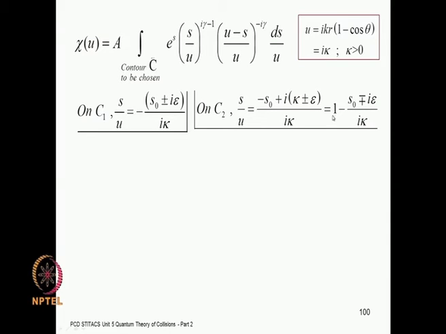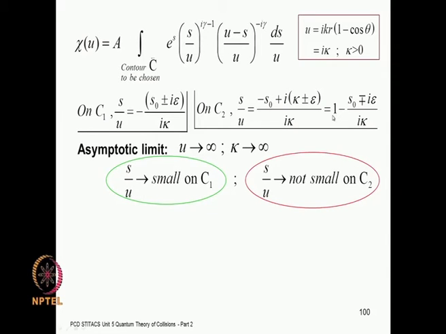So you really have to be careful here. Okay. So s over u is small on C1, and in the asymptotic limit you will be able to throw away s over u, but you cannot do so on the curve C2. Okay, C2 is the one which was above the C1 by a factor of i times kappa, right.